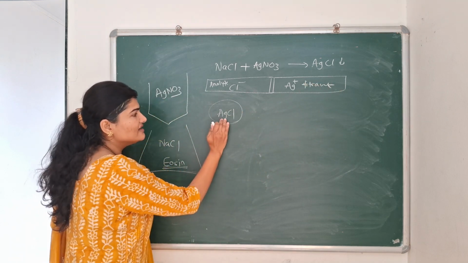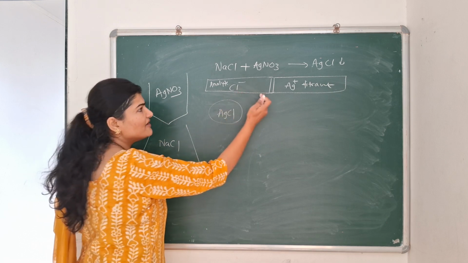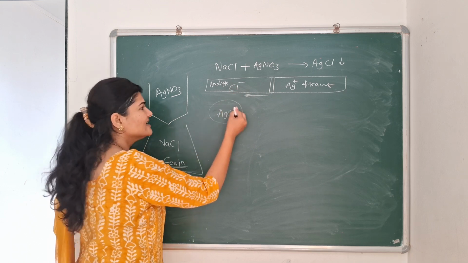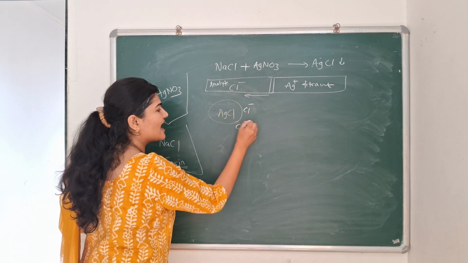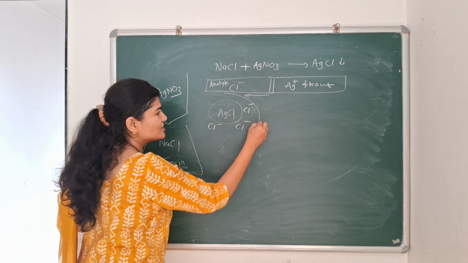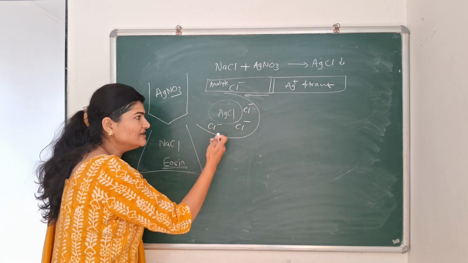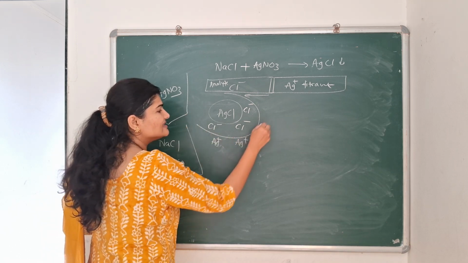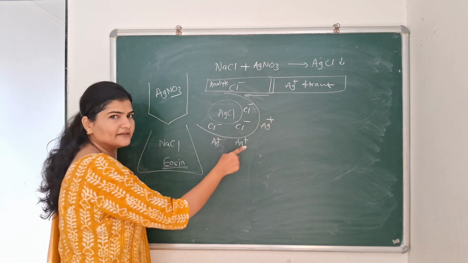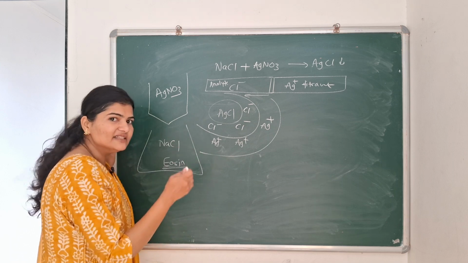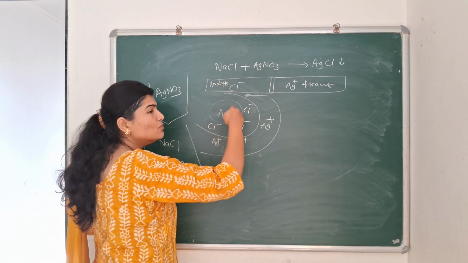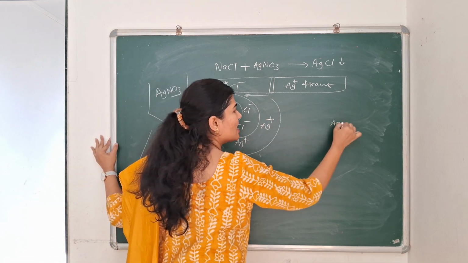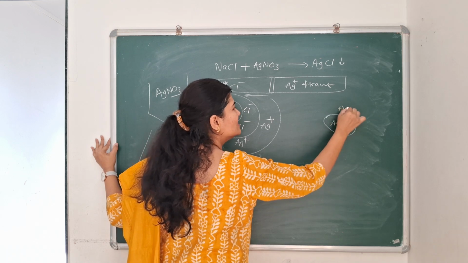So what the silver chloride precipitate will do, before the equivalence point, as the chloride ions are in excess, it will adsorb the chloride ions as the primary adsorption layer, and ultimately the silver ions will be adsorbed as the secondary adsorption layer.